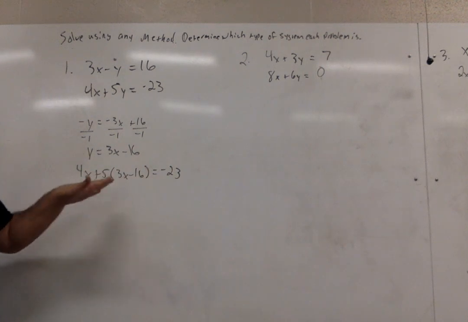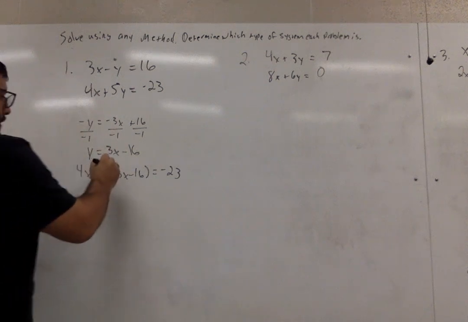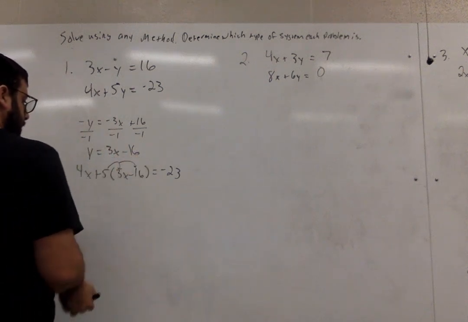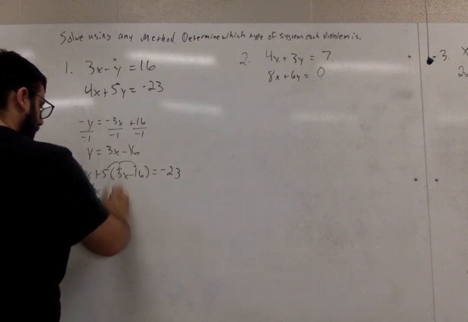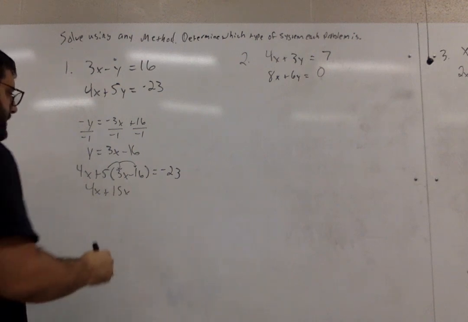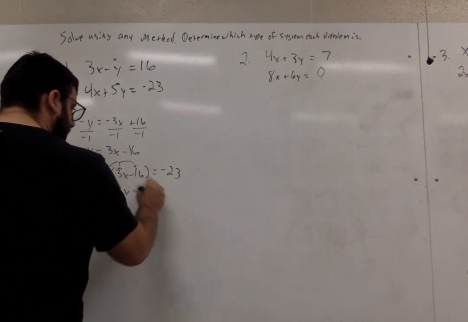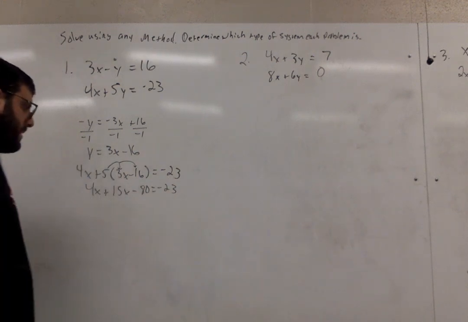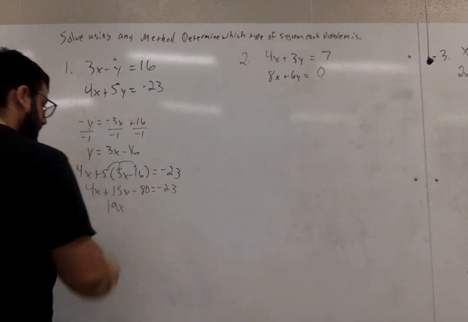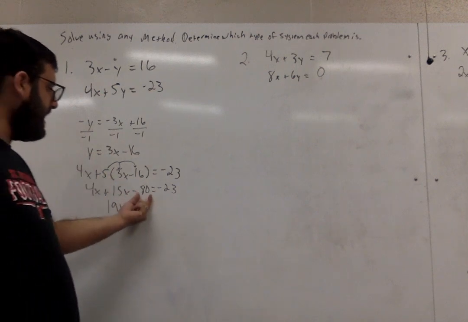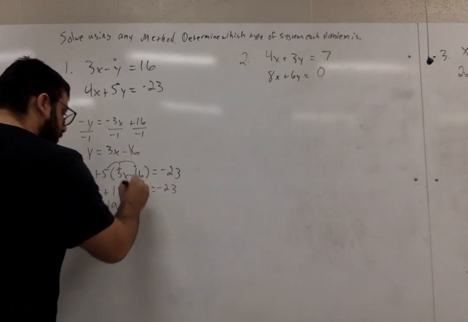So now everything's in terms of x, so I can just solve for x from here. I'm going to distribute. All right, so that's 4x plus 15x, and then 5 times 16 is, I think it's 80. So minus 80 equals negative 23. Okay, I'm going to combine like terms here, 19x. And then I'm also going to take this 80 and move it here, so I'm going to add 80 on both sides.